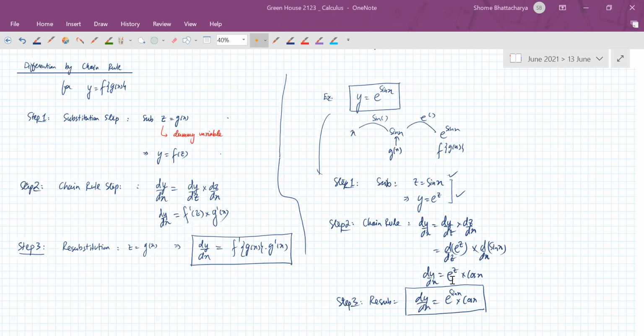Sin x को dummy variable रखेंगे ना, because यहाँ पे it is e raised power sin x. You understanding ना? Now, what is the first operation we have done on x? Sin x, no? Then the second operation is e raised power. So what we should substitute as z? Sin x, no? Yeah. Okay. Understand.